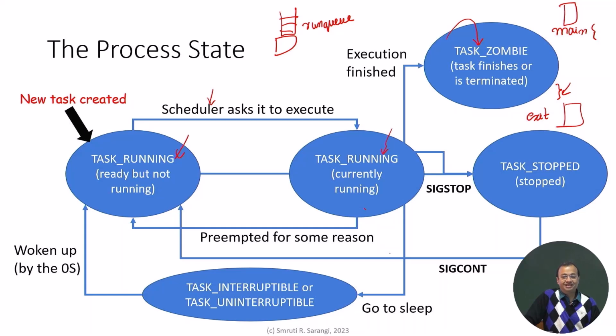The reason I remain there is because the moment a child process finishes, the parent is informed that the child has finished. Now, in the exit system call, I send an argument, which is an integer. In general, the convention is that if the integer is, let's say, 0, it means all well.